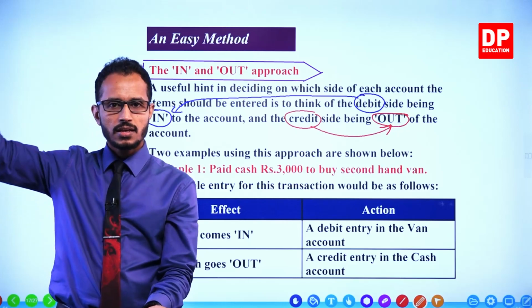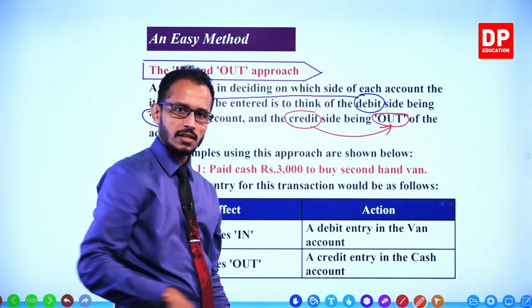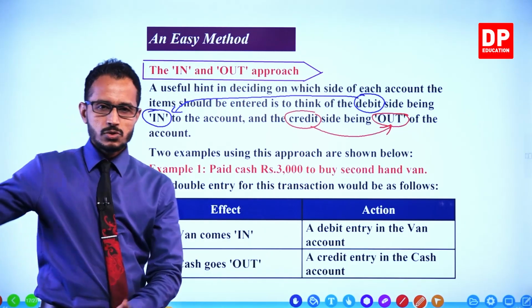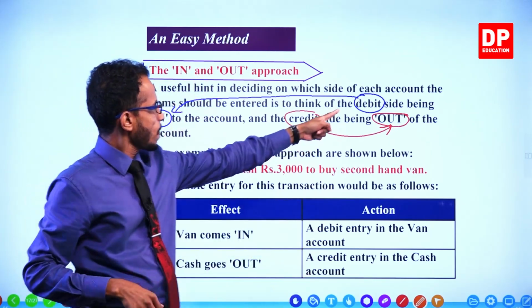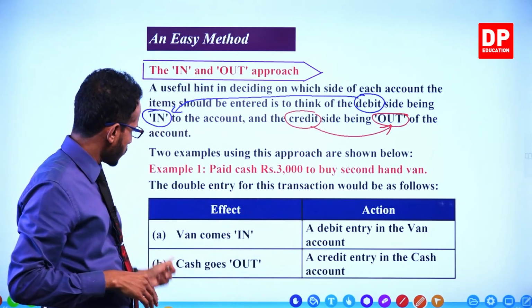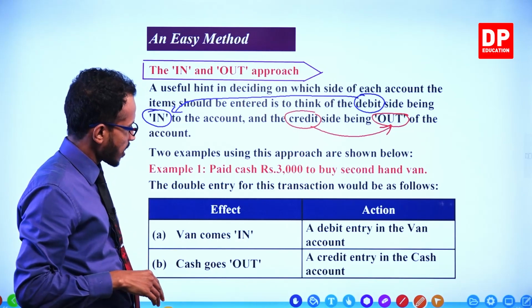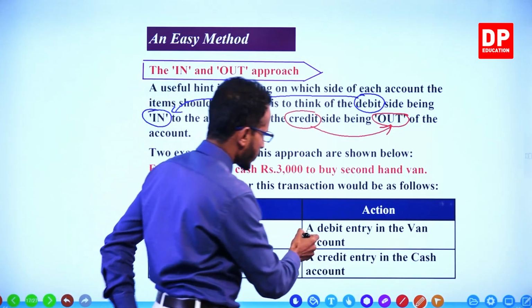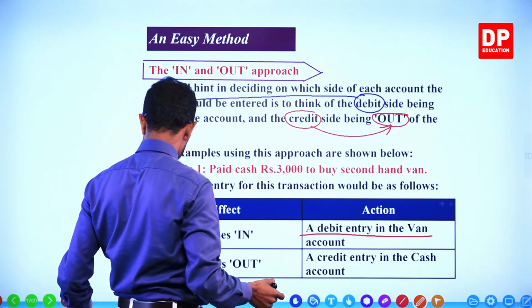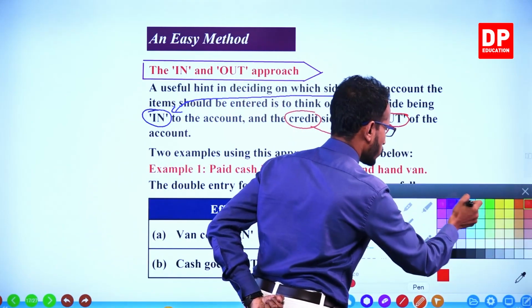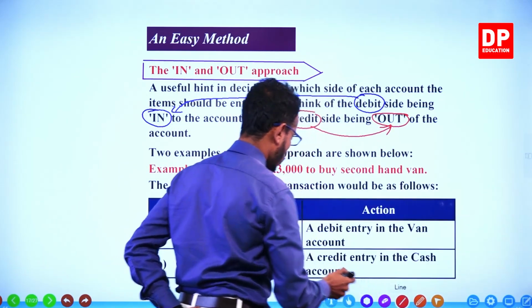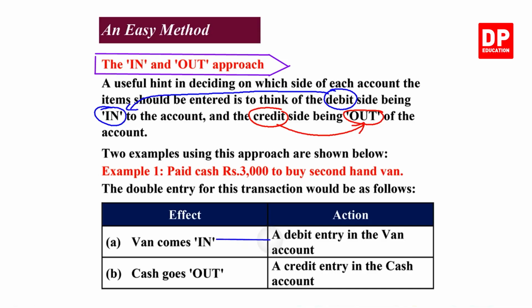Van comes in. So ins are debited, which means van comes in and the van account must have a debit entry. Wow, that is easy, right? Of course, yes. Van comes in, so it's a debit entry in the van account.